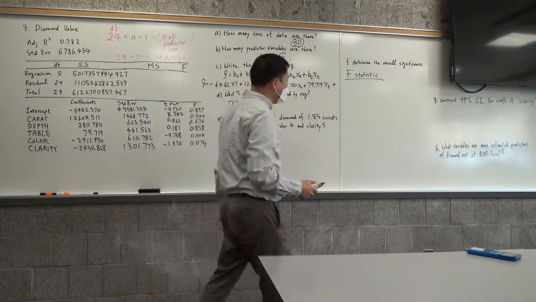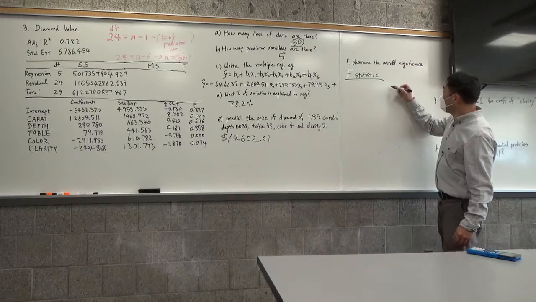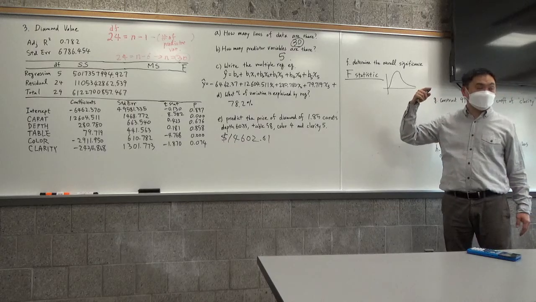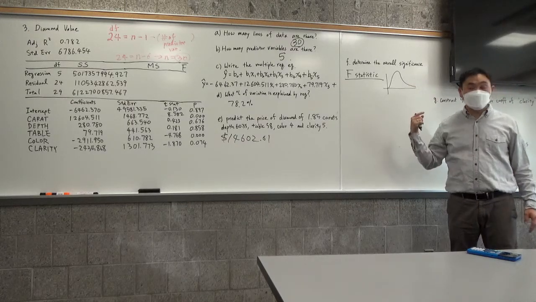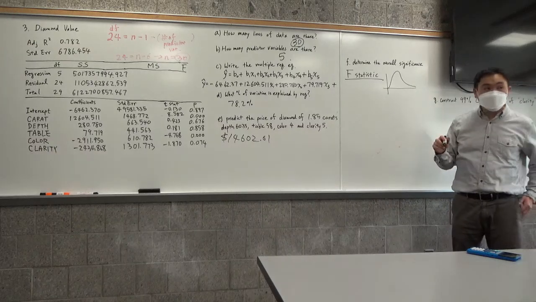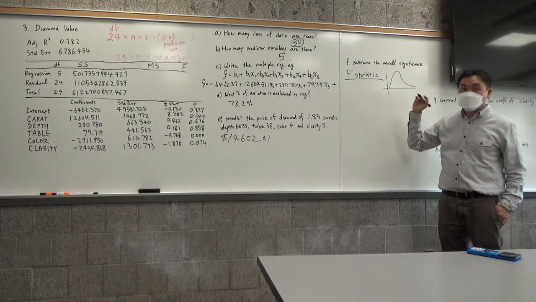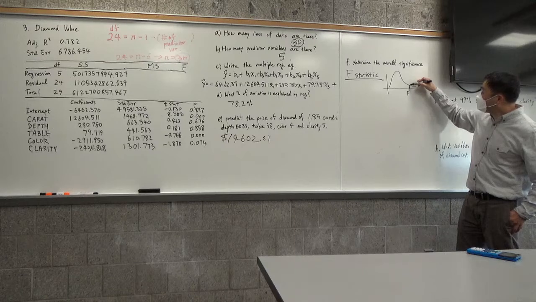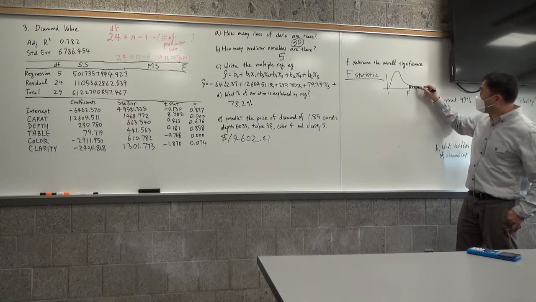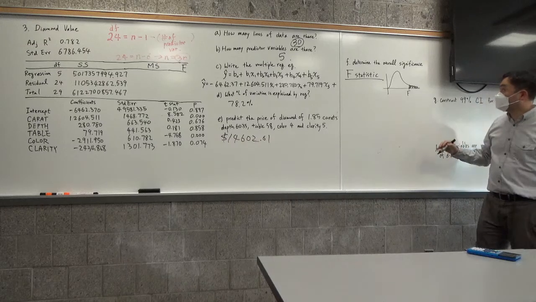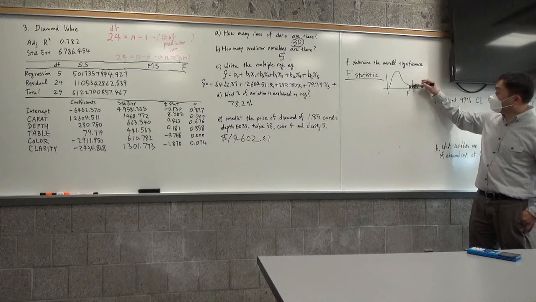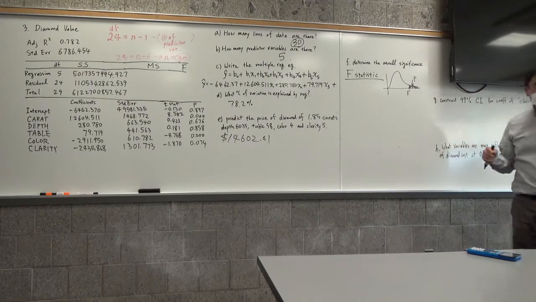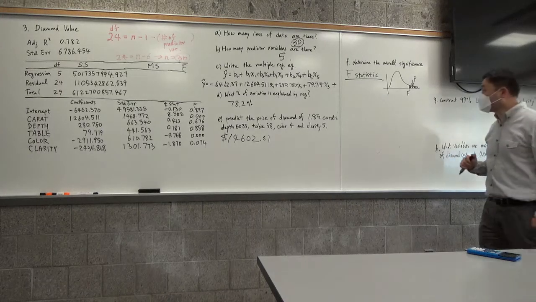The F-test statistic, if you draw the graph, looks something like this. It can't be negative because you're taking the ratio of sum of squares, and sum of squares are always positive. Whatever F value you got, because we're always using the right tail for multiple regression significance, you're really looking at this area. That's going to be your p-value, and the p-value gives you the significance of your multiple regression.